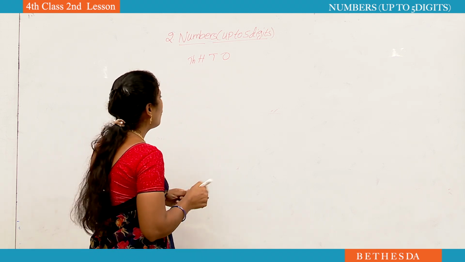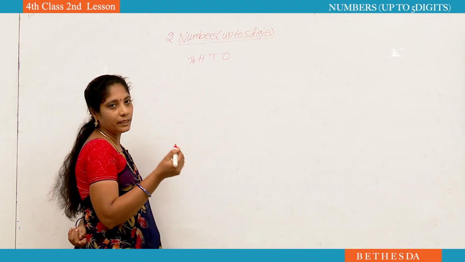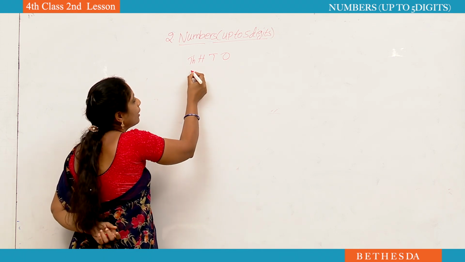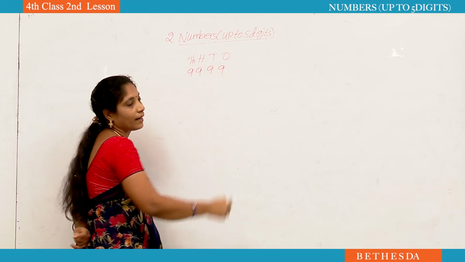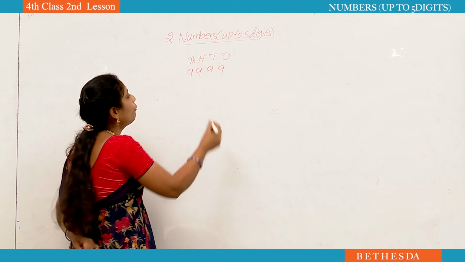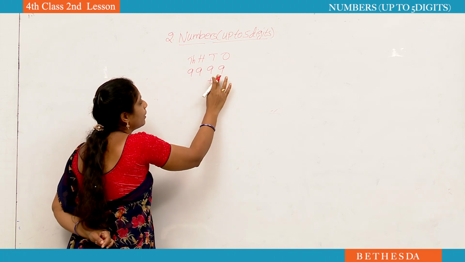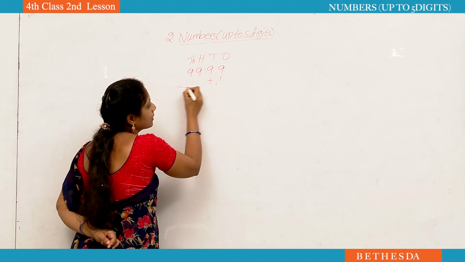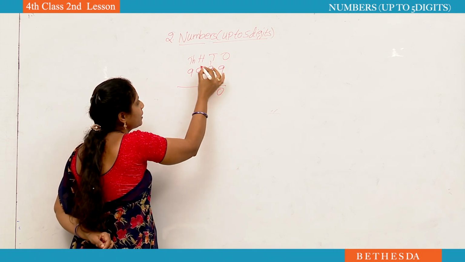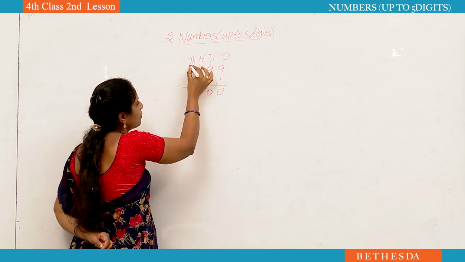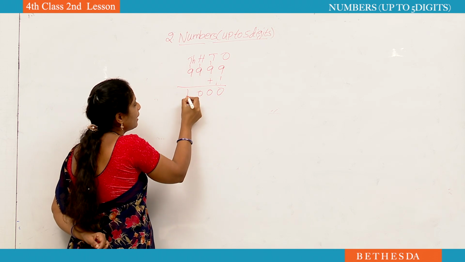Now see here, what is the greatest 4-digit number? Think once, all of you. The greatest 4-digit number is 9999. If we add 1 to that number, what number will we get? See here, 9 plus 1, 10, and so on.